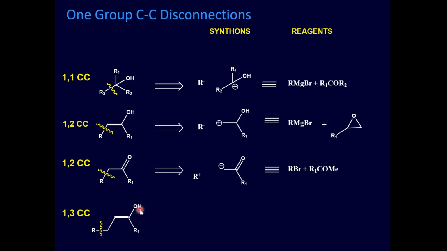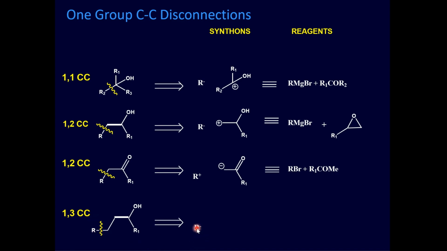I can also prepare the secondary alcohol in which the alkyl group is present at the third position to this alcohol. 1, 2, 3. I do 1,3 CC disconnection.